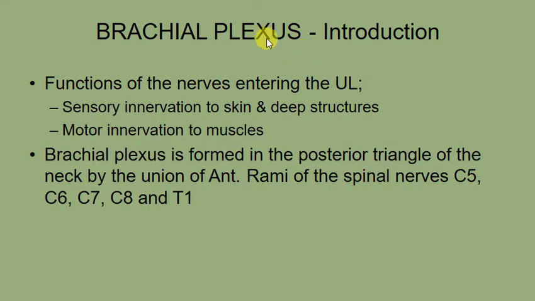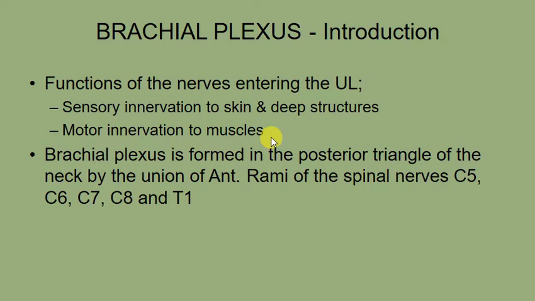Now, the function of the nerves which are entering the upper limb is the sensory innervation. That means you are taking the sensory information from the skin of the upper limb, and from other parts of the upper limb, either skin or deep structures, to the central nervous system. Also another function is the motor innervation to muscles.